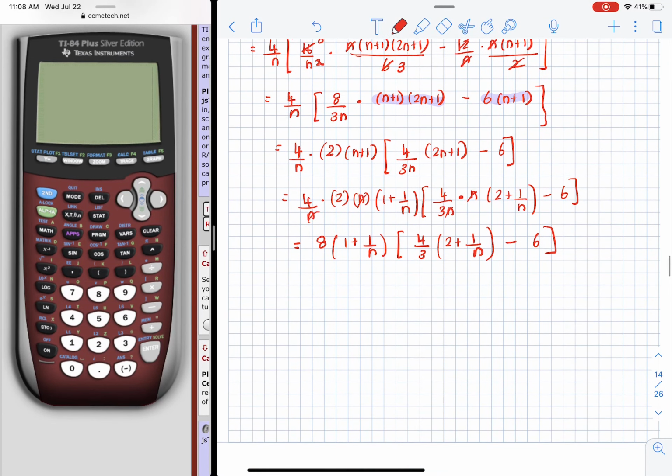So we would end up having 8 times 1 plus 1 over n multiplied by 4 over 3, 2 plus 1 over n minus 6.